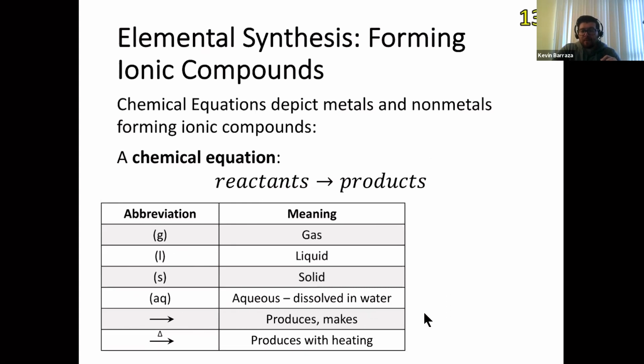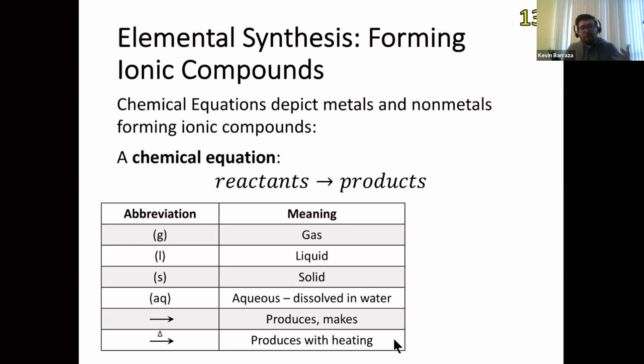The arrow means produces or makes. And the arrow with a delta symbol means you have to heat it to make your product. So we're going to write symbolic recipes using chemical equations that tell us how the elements come together to form ionic compounds.